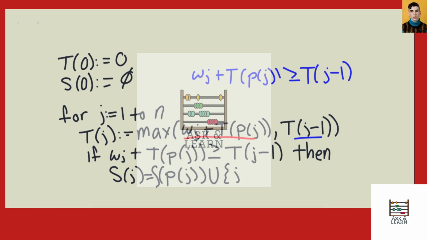So this is keeping track of our list of talks. And if not, then we will set S of J equal to just S of J minus 1, so without it. So we're either saying the best case is to include J in our list of talks or not. But once we have encountered J in our list, we're taking care of both cases.